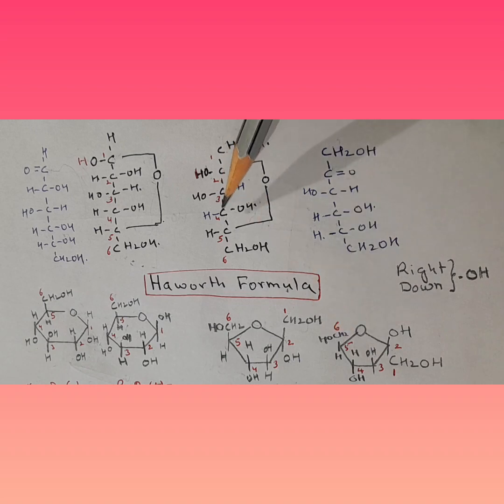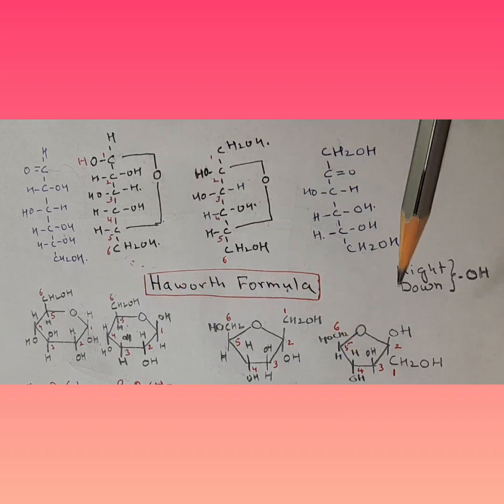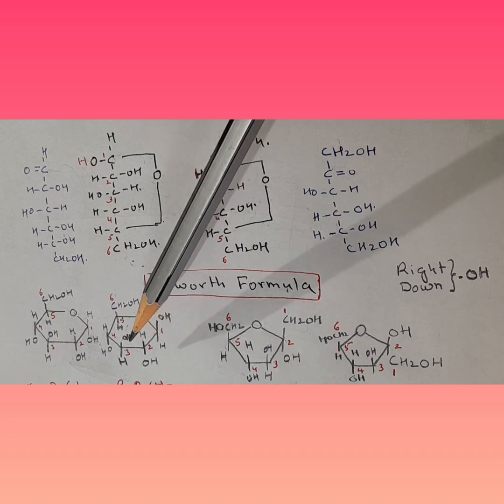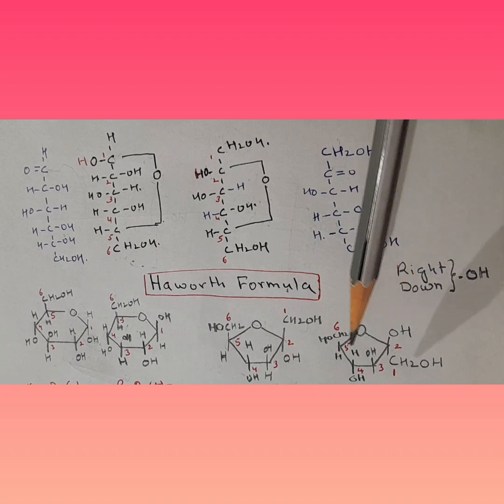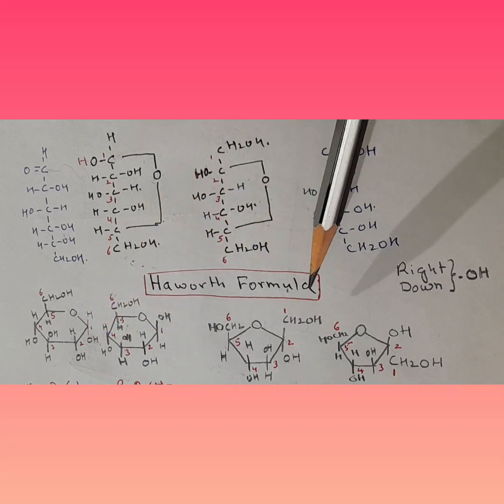And the fifth carbon is as it is. So if you keep right and down in mind while cyclization, placement of hydroxide would be very easy for you. This is the formula that you have got to apply for placement of hydroxide after cyclization in the Haworth formula.